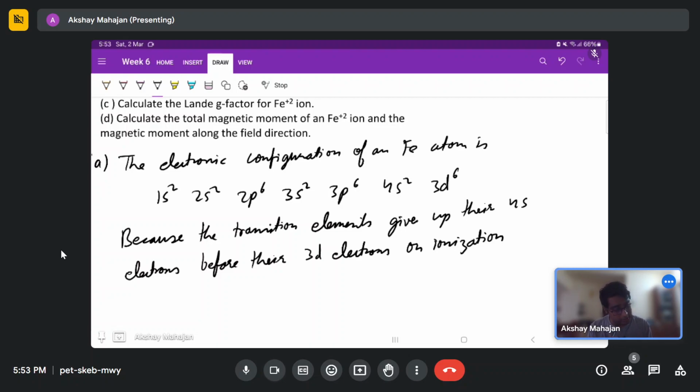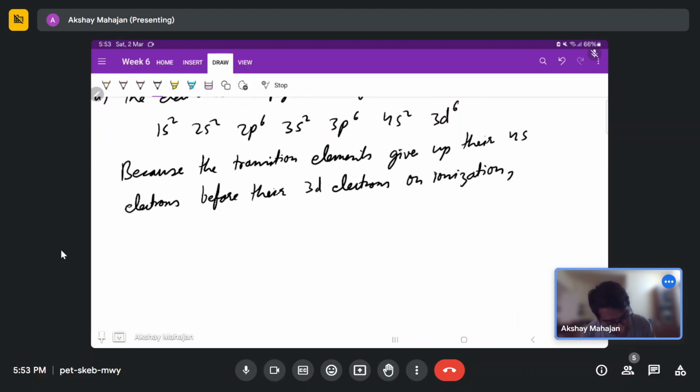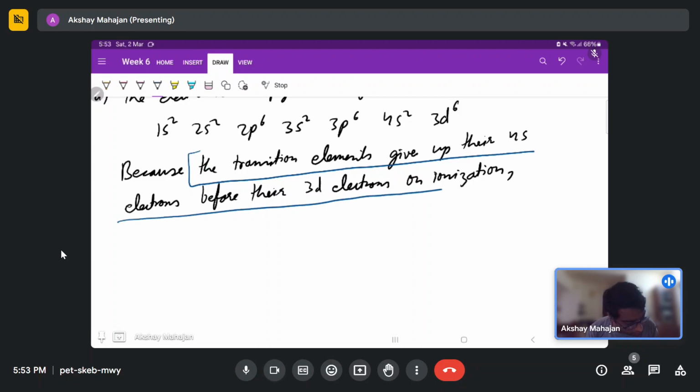So they give up their 4s electrons before their 3d electrons on ionization, because otherwise your answer will be completely wrong. Okay, so this is important, you should remember this.